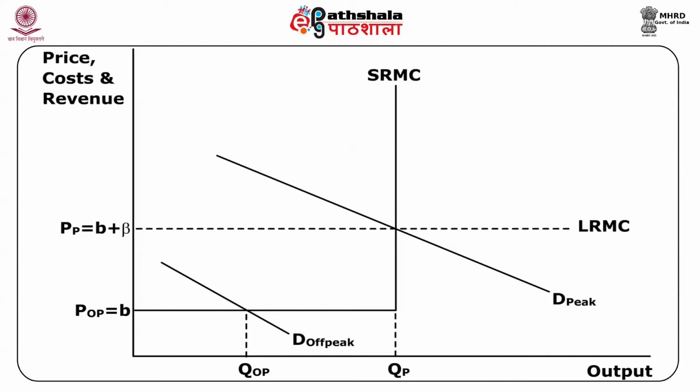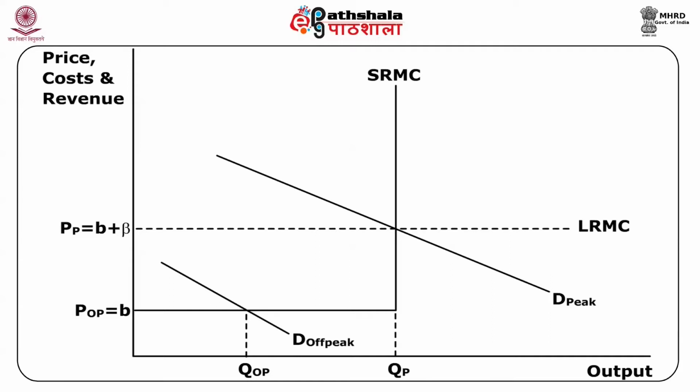The SRMC curve is the marginal or operating costs of the firm, assumed to be constant till peak capacity output level QP is reached. Thus, the firm has a rigid plant size with SRMC equal to B for output levels smaller than QP, the optimal plant size in the given figure.